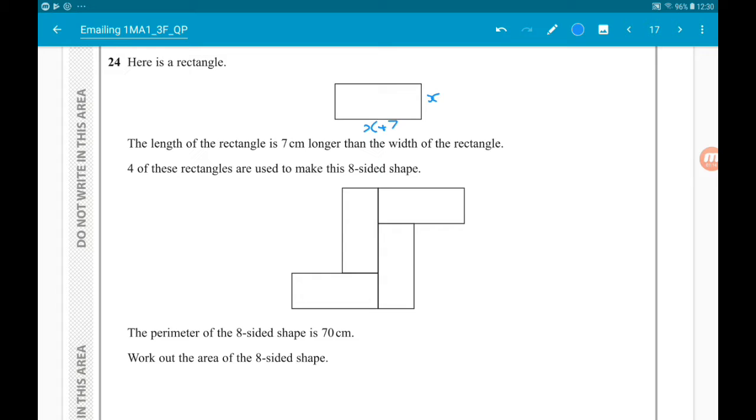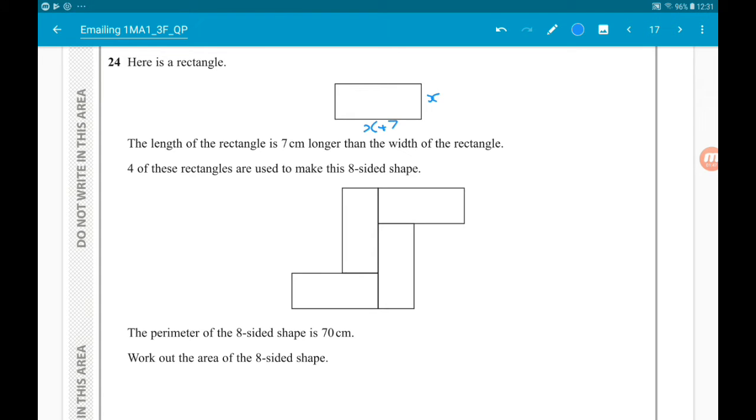Okay, so it's 5 marks, and what this is about is forming and solving equations. So, given that we know what the perimeter of this shape is as a number, we can also find it in terms of x, which is going to allow us to form an equation in terms of x, solve for x, and then do what we need to do.